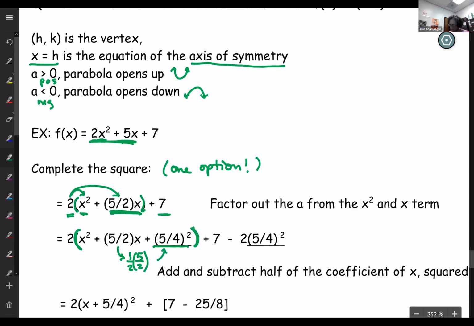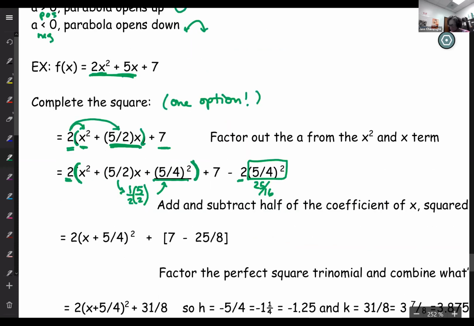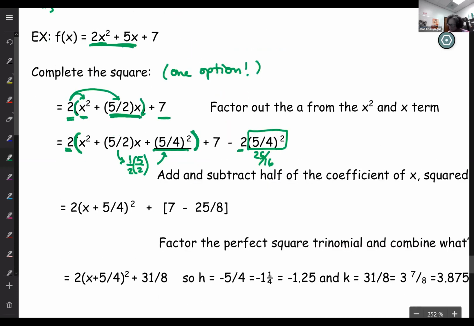All right, 5/4 squared is going to be 25/16 actually, right? That you add inside parentheses and subtract outside parentheses. But notice this 2 has to be there as well because this 2 is out here. So it can get pretty nasty with fractions when you have to factor out.